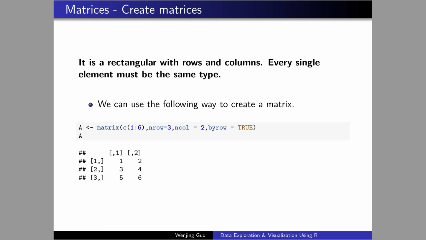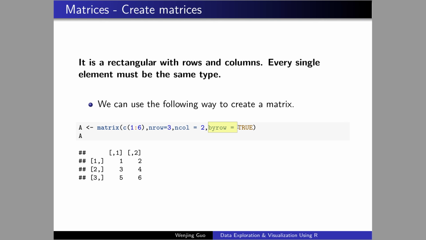Okay, let's move on to matrices. A matrix is a rectangle with rows and columns. Every single element in a matrix must be the same type. We can use the matrix function to create a matrix. The first input of the matrix function is the numbers in the matrix. The nrow here specifies the number of rows in the matrix. The ncol here specifies the number of columns in the matrix.